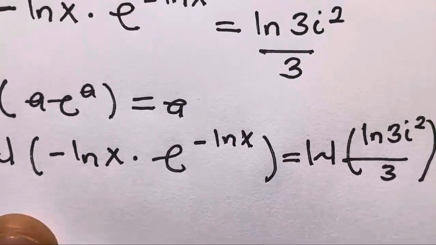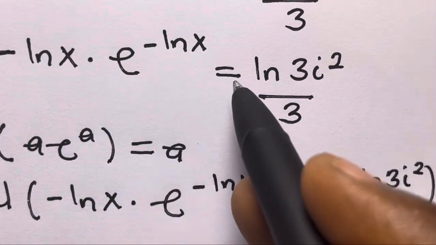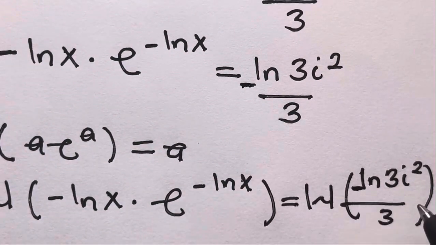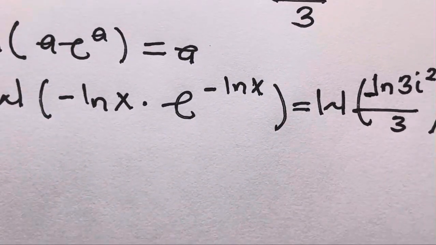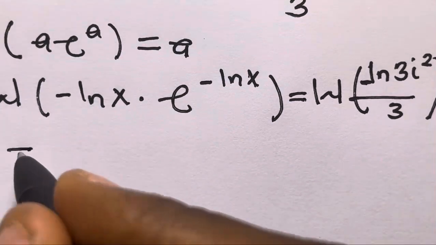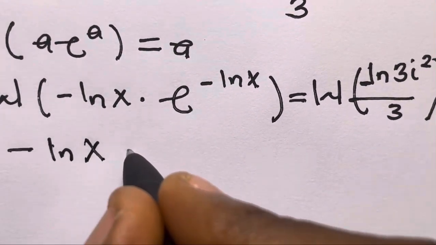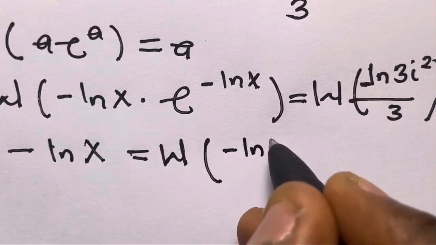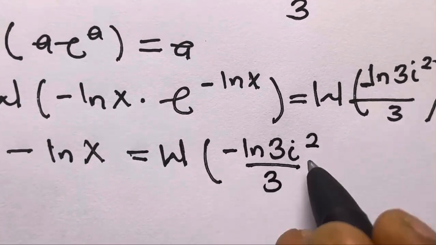Okay, we see that here we multiply both sides by minus 1, so we have minus here, right? So now we have minus ln x equals the Lambert function of minus ln 3i squared divided by 3.